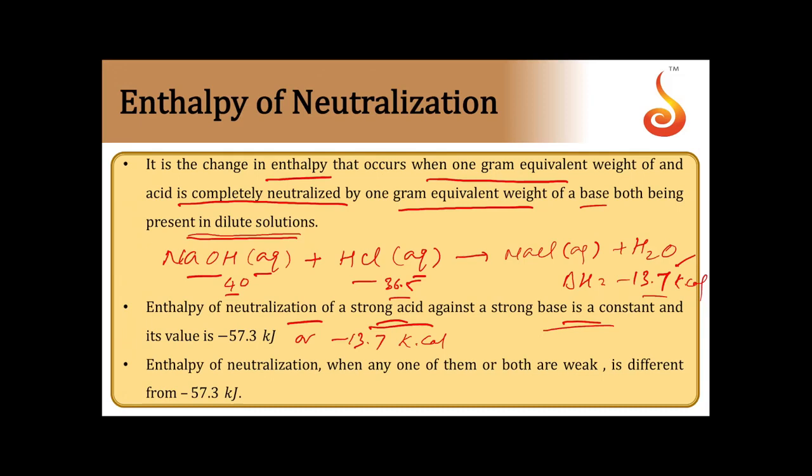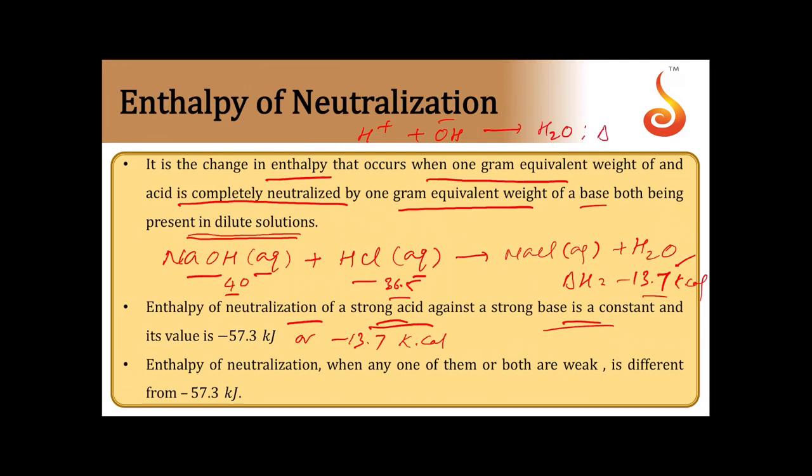Therefore, neutralization involves formation of 1 mole of water from 1 mole of H+ and 1 mole of OH-. It means 1 mole of H+ and 1 mole of OH- give rise to H2O.